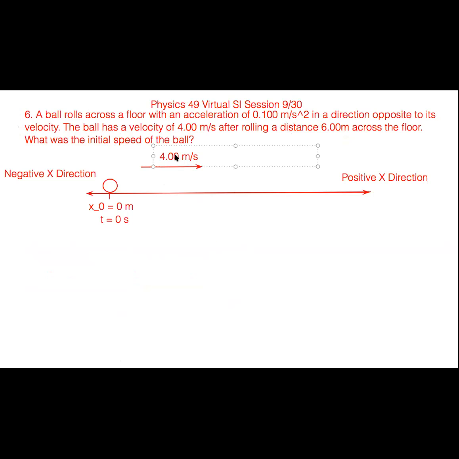Now it says it rolls a distance of 6 meters across the floor. Again, being part of a coordinate system, it shows position, so we have to mark that.